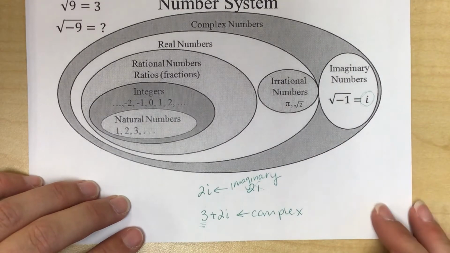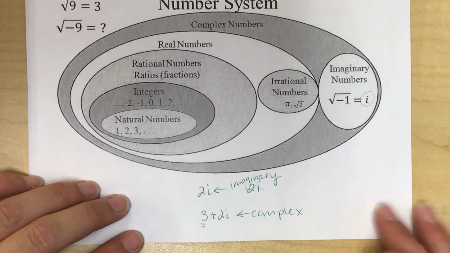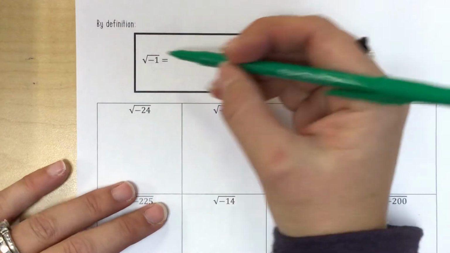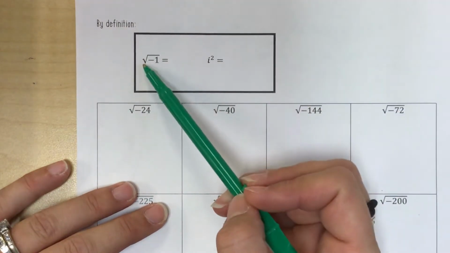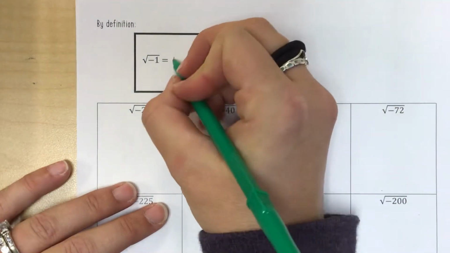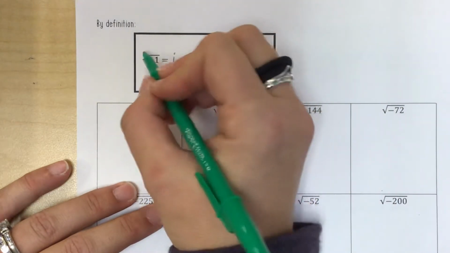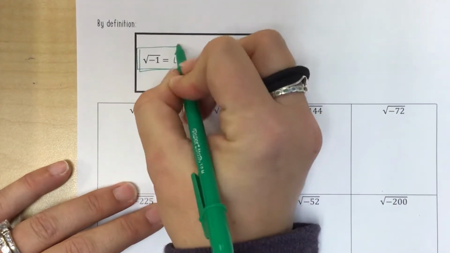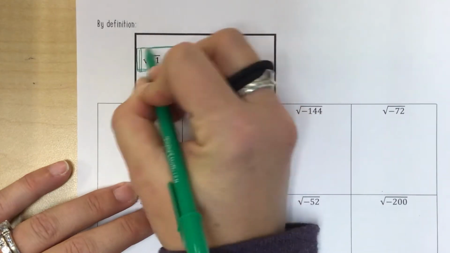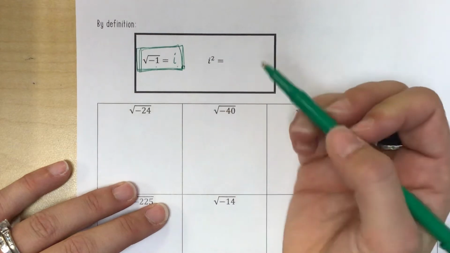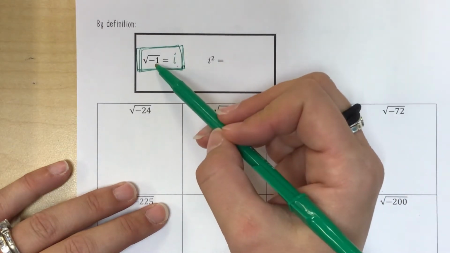What you really need to understand when it comes to imaginary numbers is the definition, and this is super important. The definition: the square root of negative 1 equals i. This is very, very important. The square root of negative 1, we give it the letter i, because there's no other way to represent a negative under the radical.